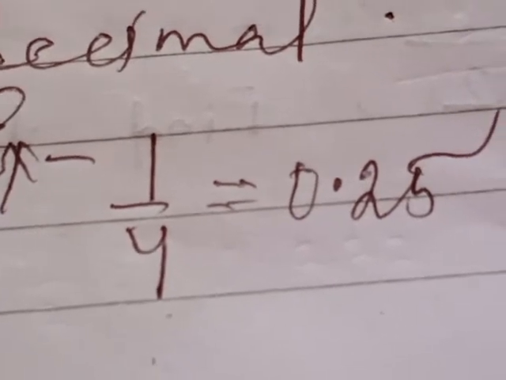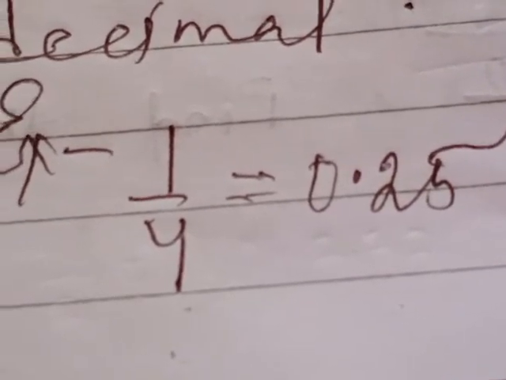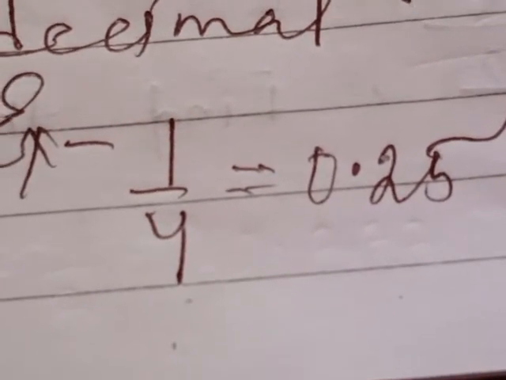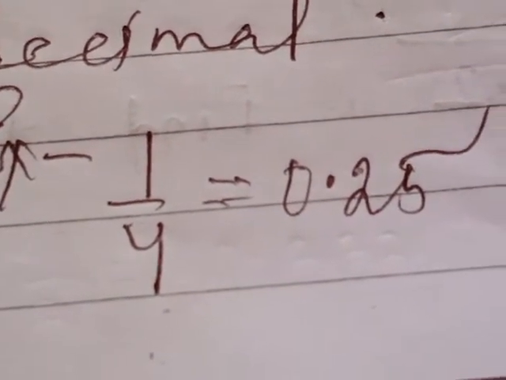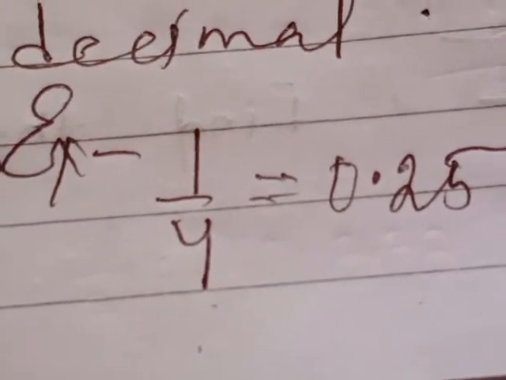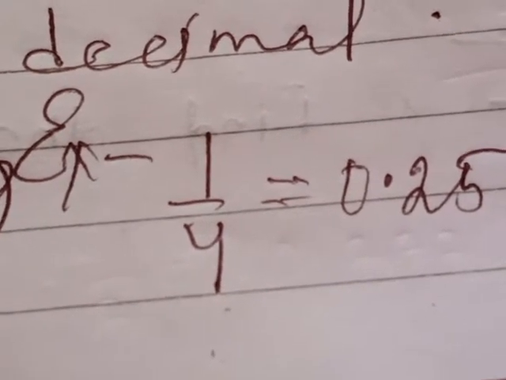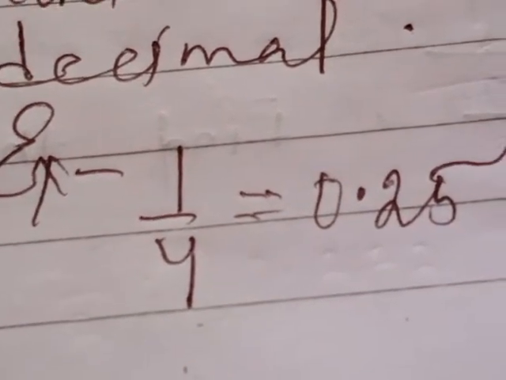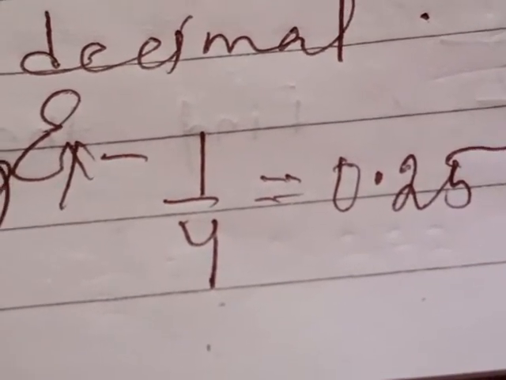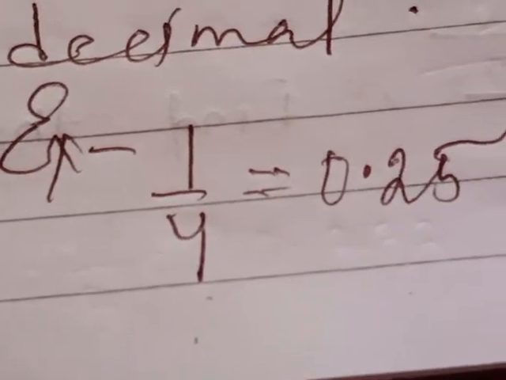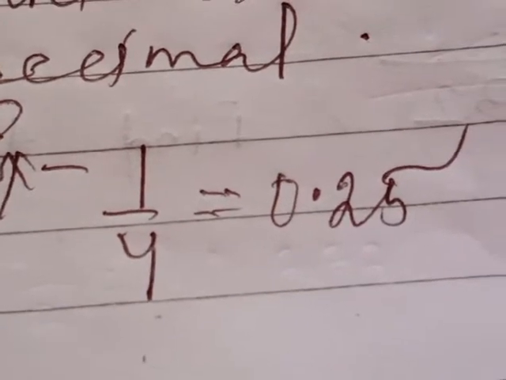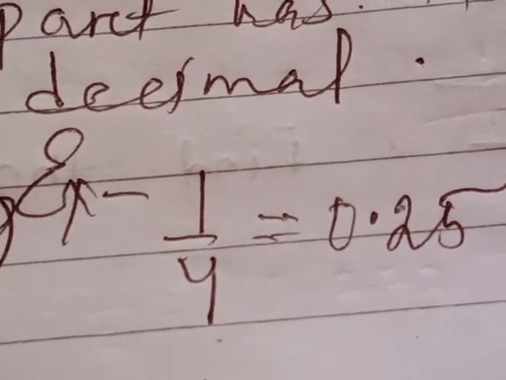Here you see, the prime factor should be either 2 or 5, maybe both. Then it will be a terminating decimal number. If any prime factor other than 2 or 5 is a factor of the denominator, then it is a non-terminating decimal number and it cannot be a terminating decimal number.